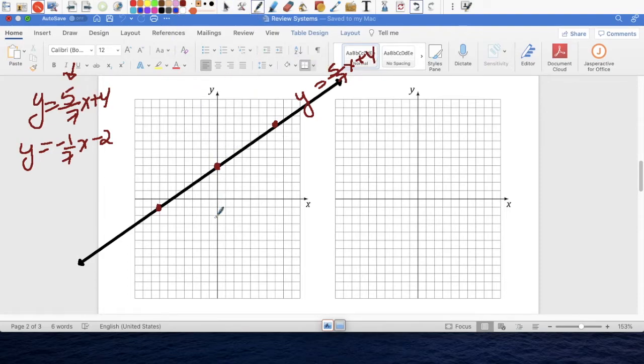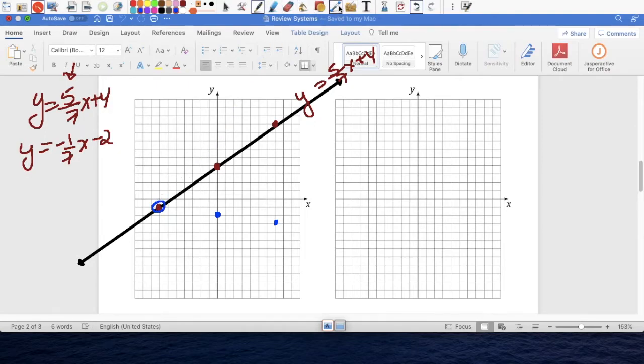This negative 2 is my y-intercept, right here. Changing y is 1, changing x is 7. So 1 down, and if I go down, I have to go right because it's a negative slope: 1, 2, 3, 4, 5, 6, 7. So another point. If I go up, I have to go left: 1, 2, 3, 4, 5, and I'm going to circle that because that's our point of intersection.